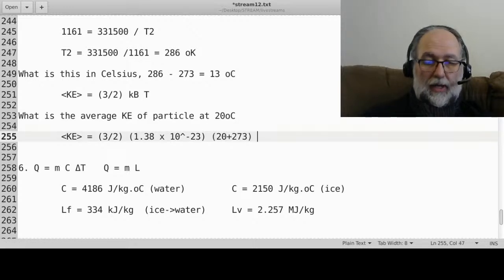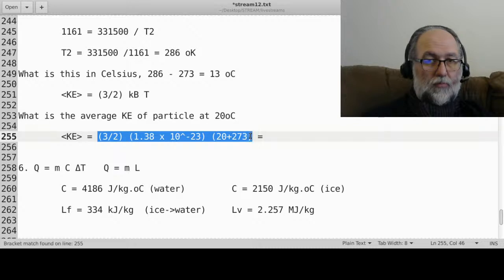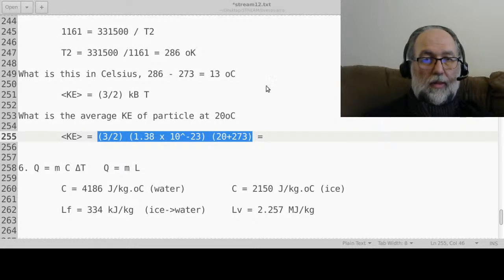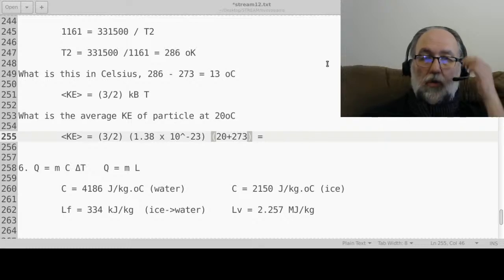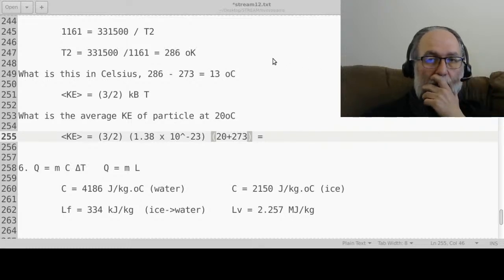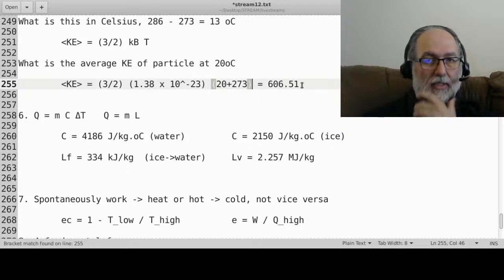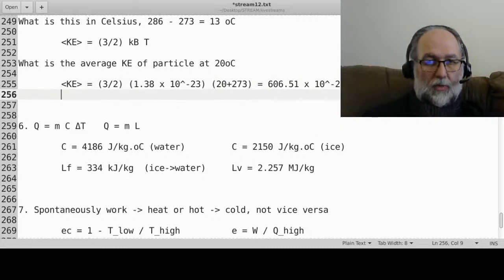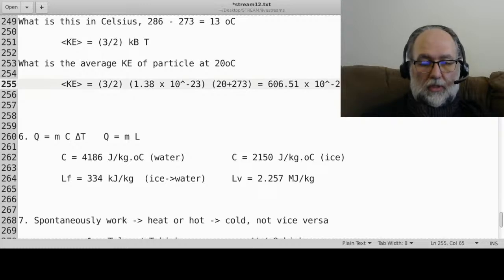And that's going to equal... why is it giving me 0? Oh, I think I know why, because it's rounding off in a stupid way. Okay, my calculator. So it'll be 606 times 10 to the negative 23, and that would be in joules.